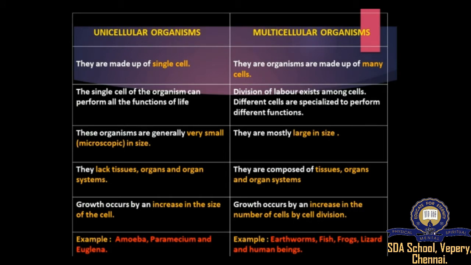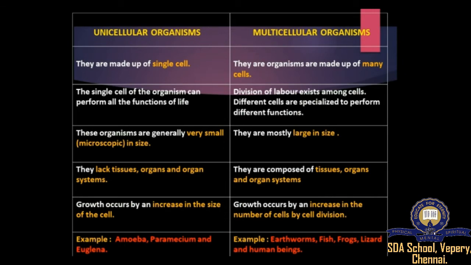So in unicellular organisms, the single cell of the organism can perform all the functions of life, whereas in multicellular organisms, the division of labor exists among all cells. Okay, so in unicellular organisms, one single cell performs all the functions of life, whereas in multicellular organisms, the division of labor exists among all the cells.